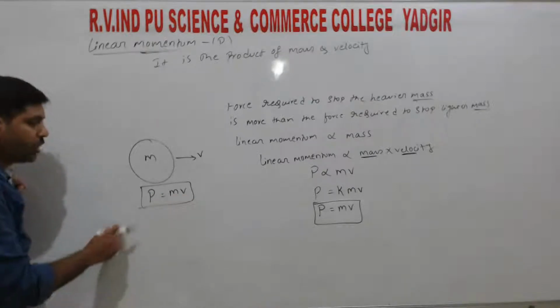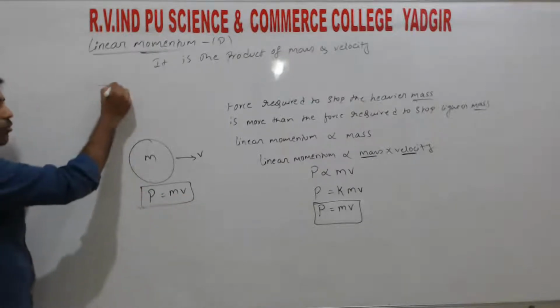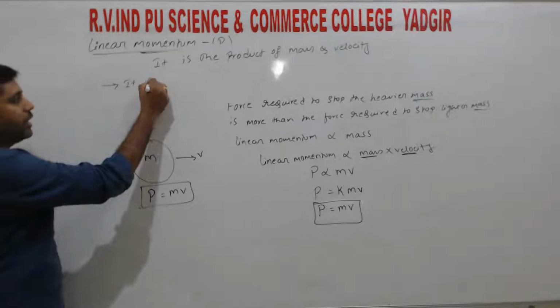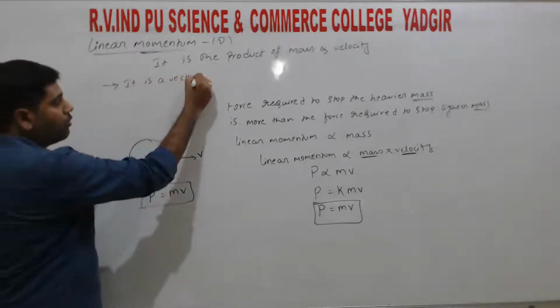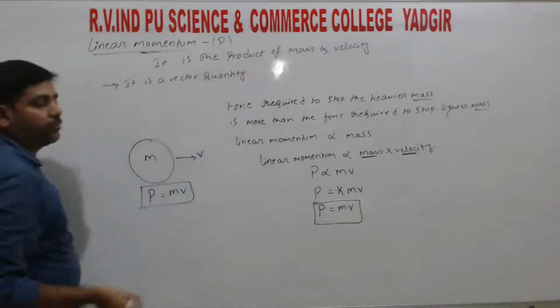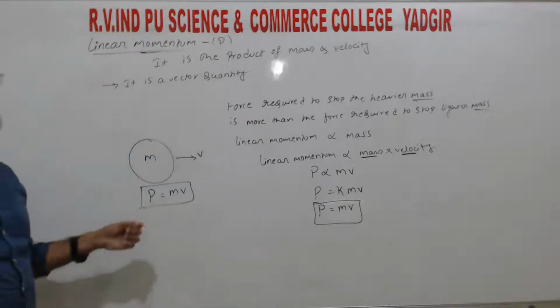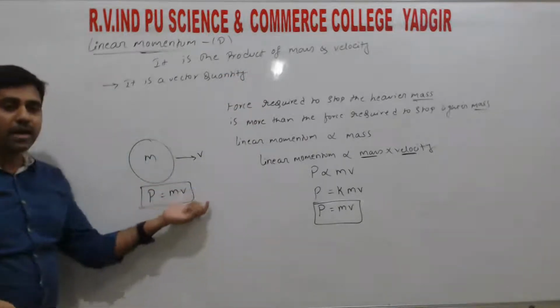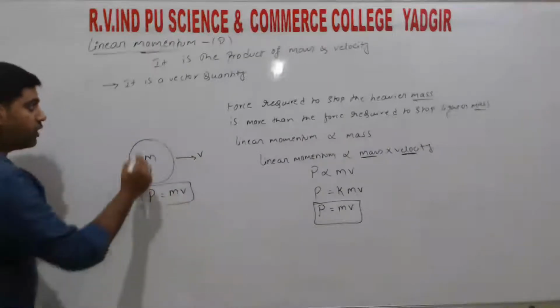Next, momentum is a vector quantity. Vector quantity means it has both magnitude and direction.